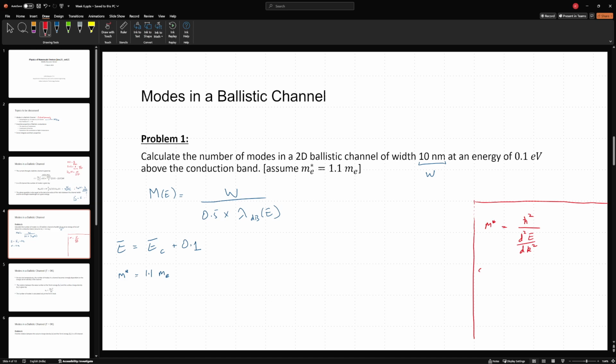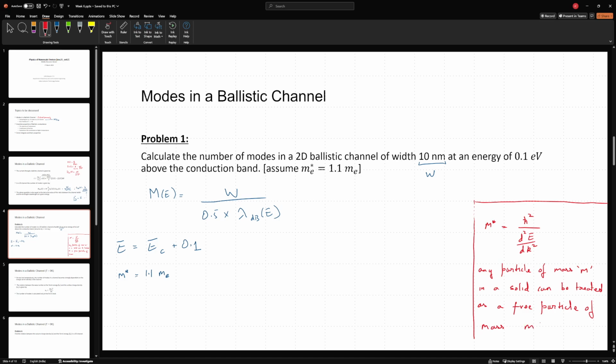Essentially, any particle of mass m in a solid can be treated as a free particle of mass m star.